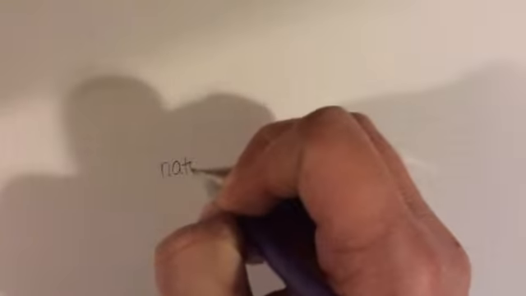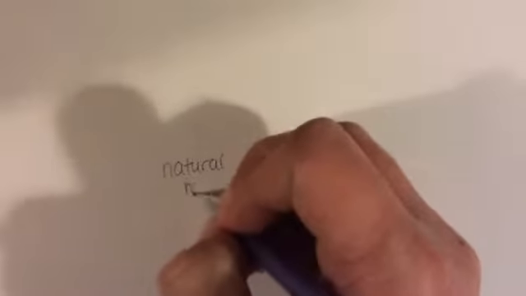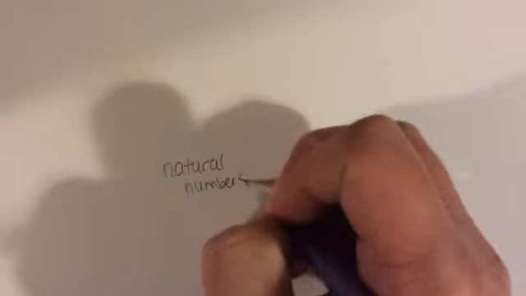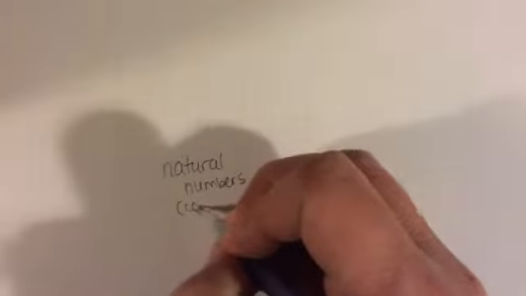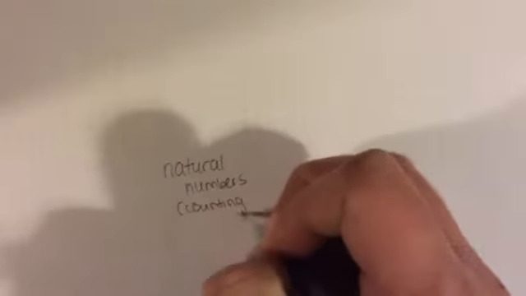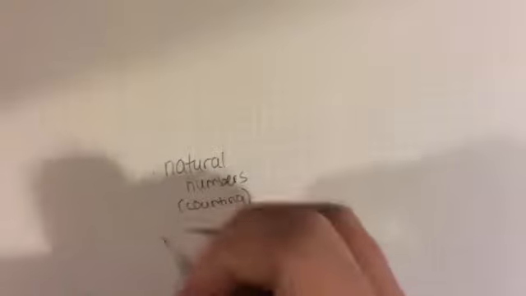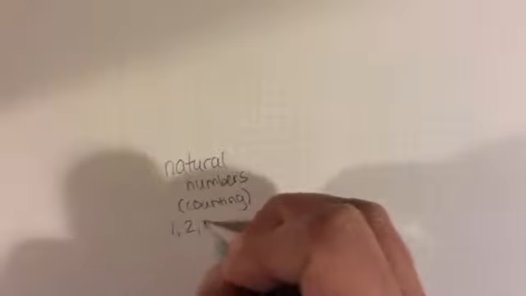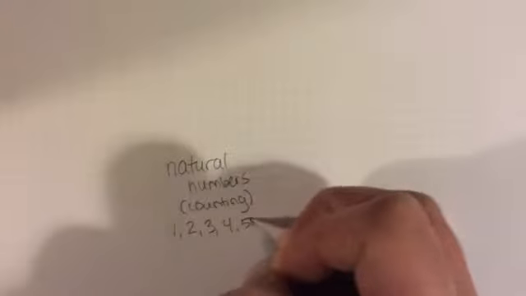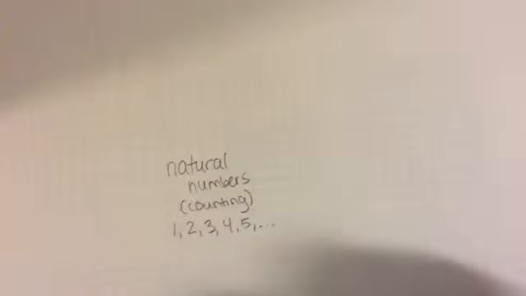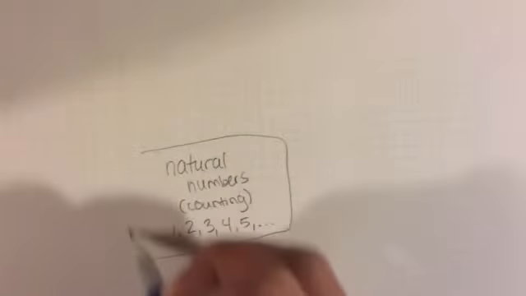The first set of numbers I have is called natural numbers. Those are my counting numbers. So when I ask someone to start counting, I'm naturally going to start with 1, 2, 3, 4, 5, and so on, all the way out into infinity. Those are natural numbers.